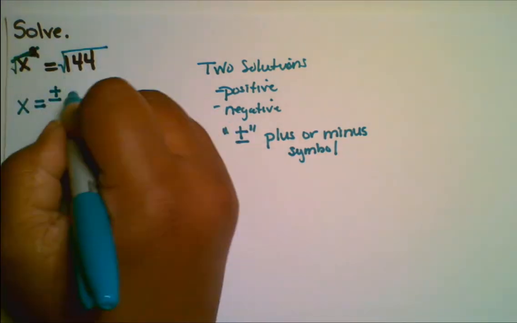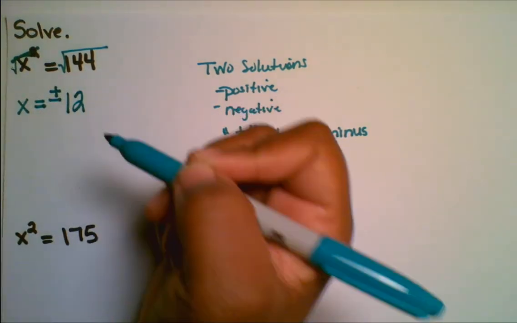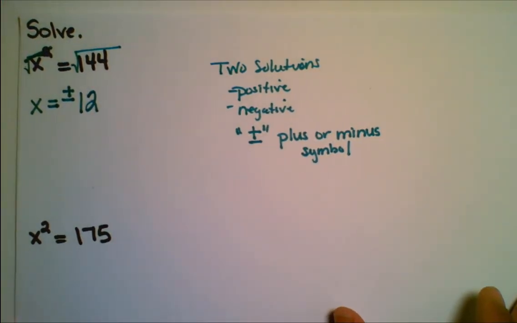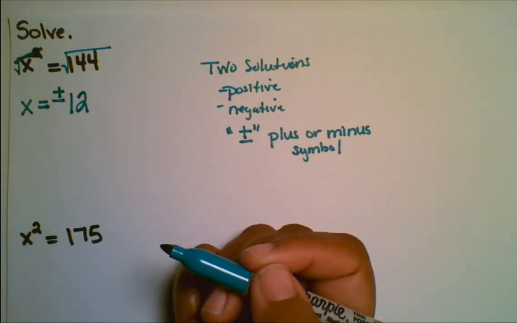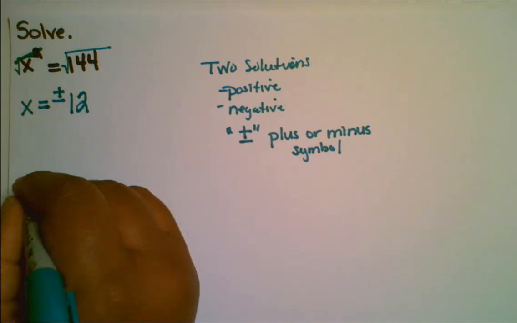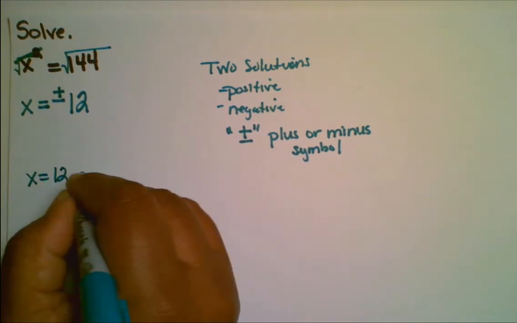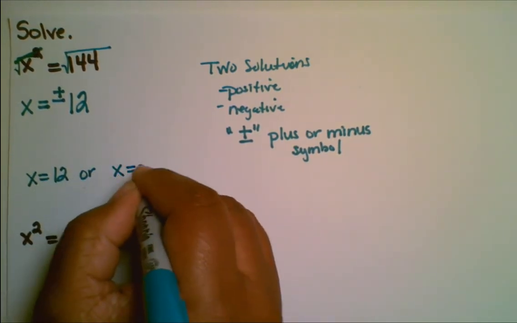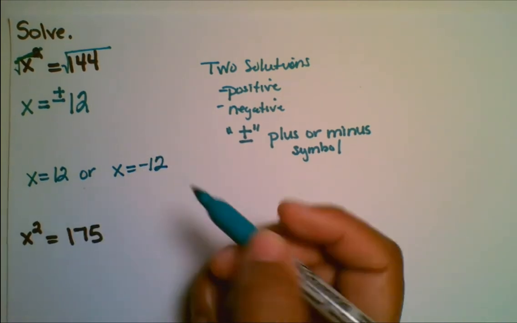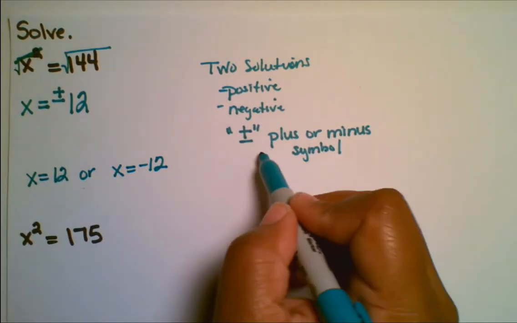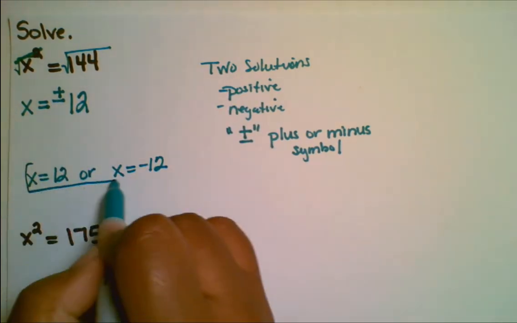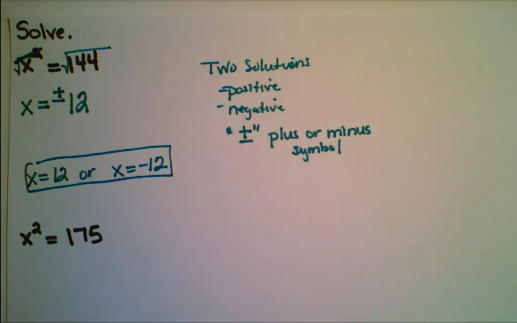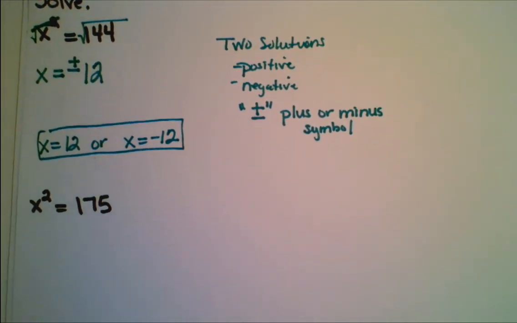That is 12. Now, if you want to, you can put your solution as plus 12, or you can put it as minus 12. But you do have this symbol that we can use that represents both of these solutions, plus or minus.